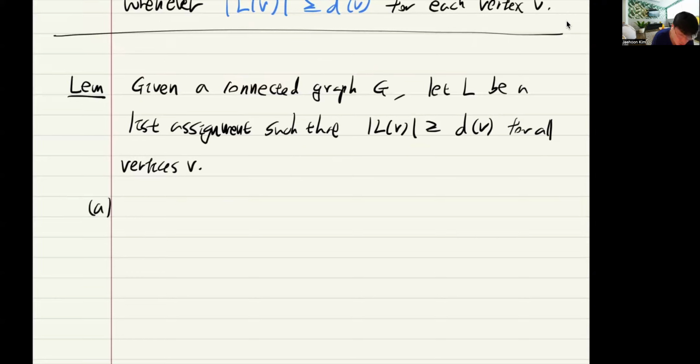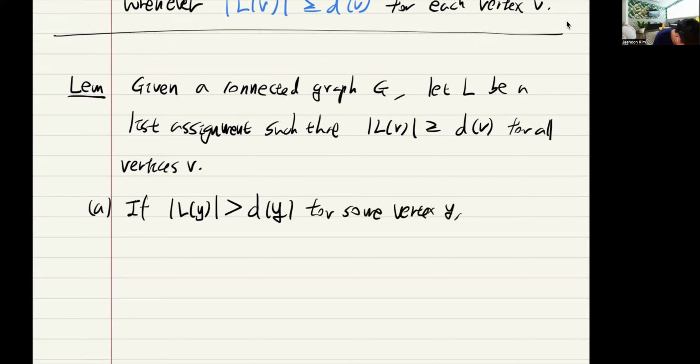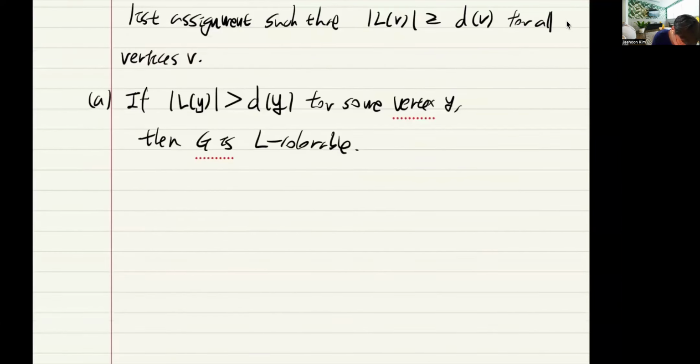Then what conditions are useful for us? If at least one of them has a strictly bigger size, for some vertex y, then G is L colorable. So if some list has size one bigger than its degree, then we can complete the L coloring.